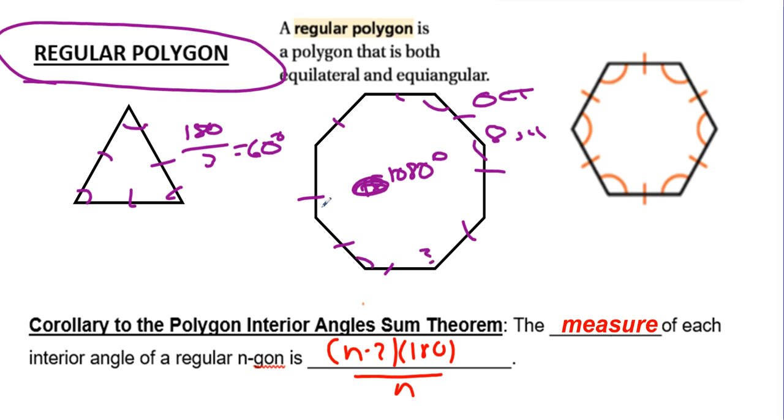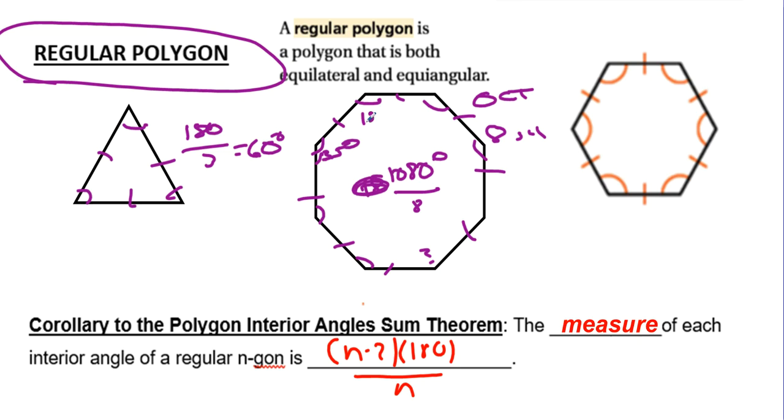Since they're all equal, you just simply take the sum and divide it by the number of sides. So we're going to divide by 8, and I'm actually going to grab my calculator on this one. It says 135 degrees. I probably should have had that memorized. Okay, it's been a while since I've done polygons.